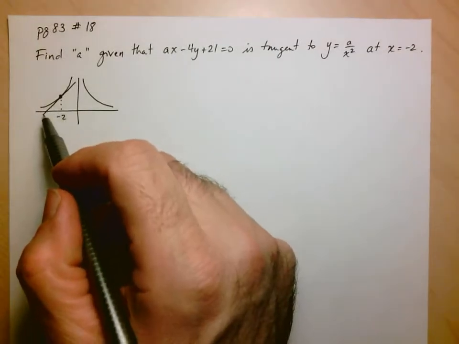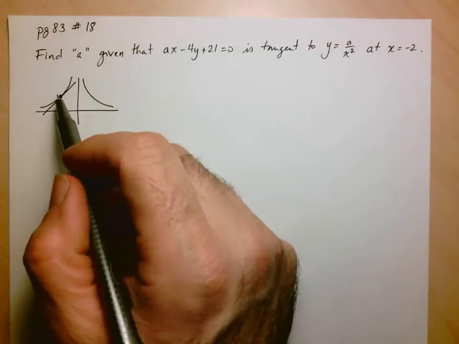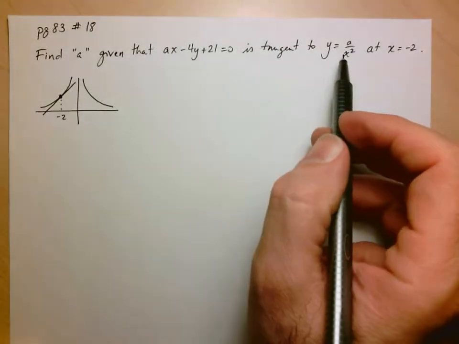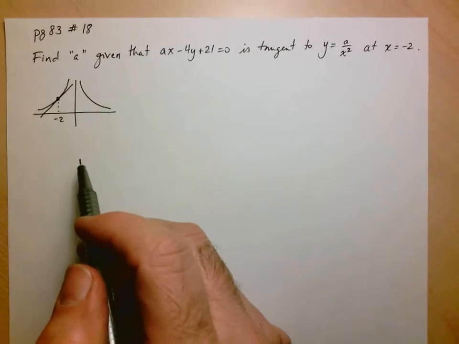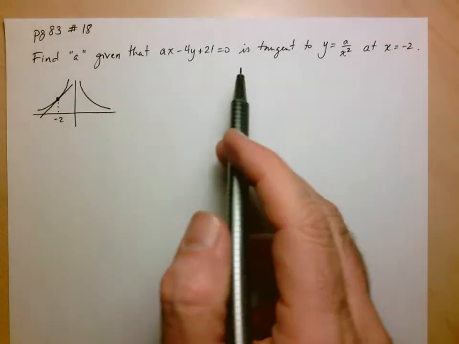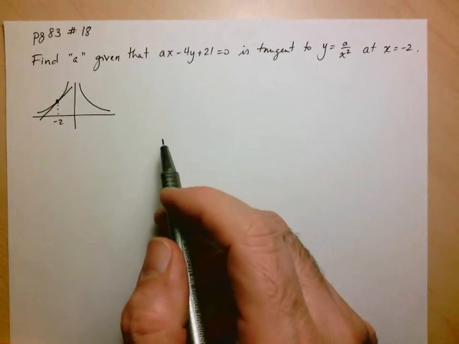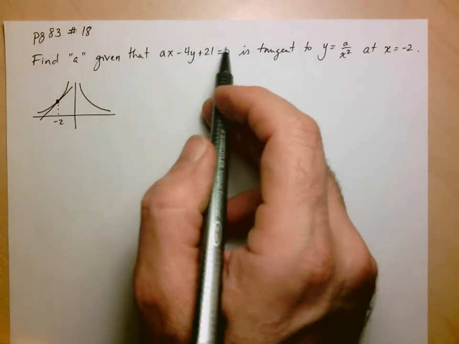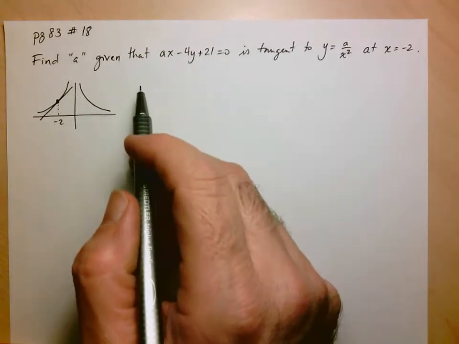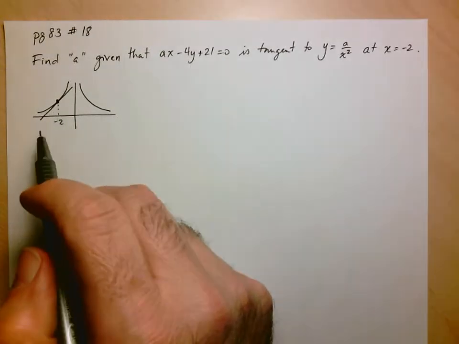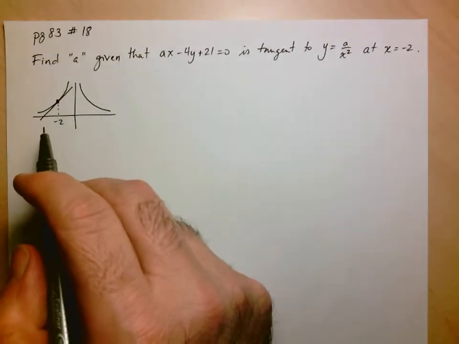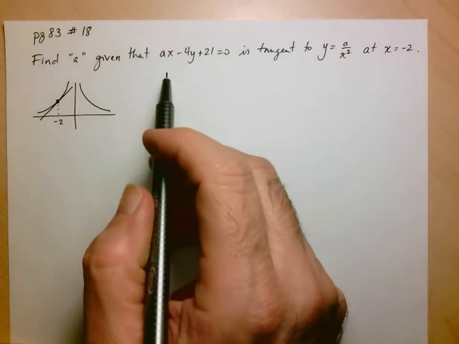And we know that the slope of this tangent is equivalent to the derivative of this function at x equals negative 2. In this case, you might be tempted to work with the derivative function, which would make perfect sense. So if I solve for y here, that's going to help me get the slope of the tangent at any point, since it's a line.